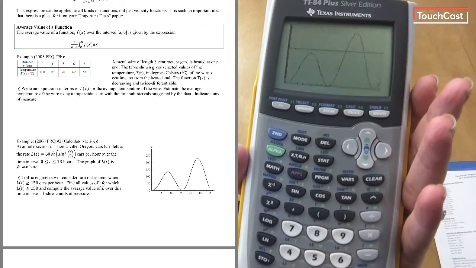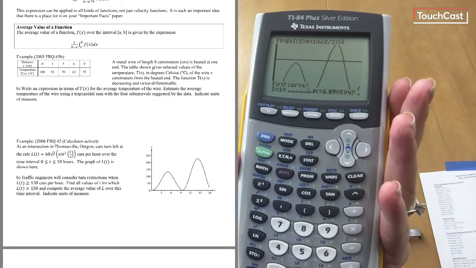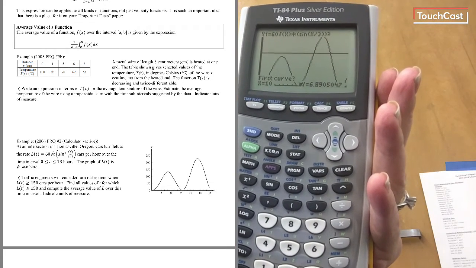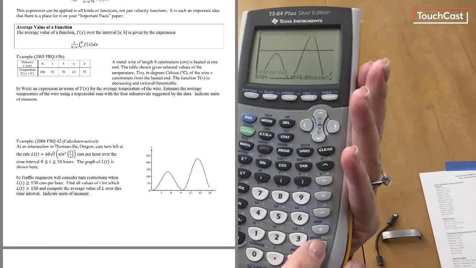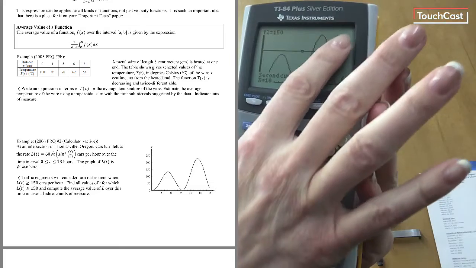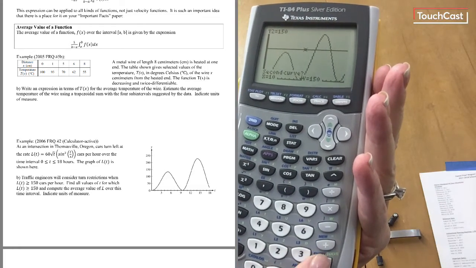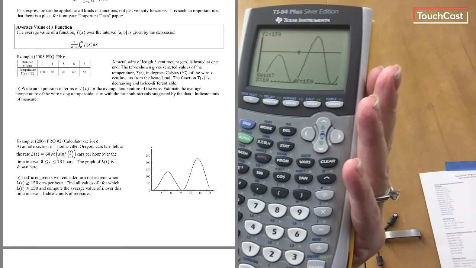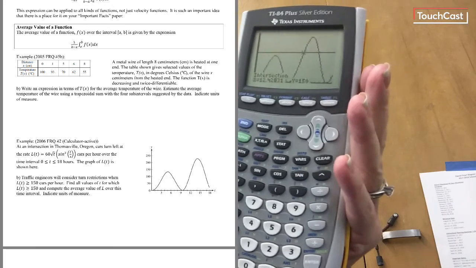So to make that happen, choose intersect. Your calculator is going to prompt you to confirm. It says the first curve is my L of t curve, so I use enter to say yes. It says the second curve is y equals 150. I use enter to say yes. And it's asking for a guess. You're going to say yes.